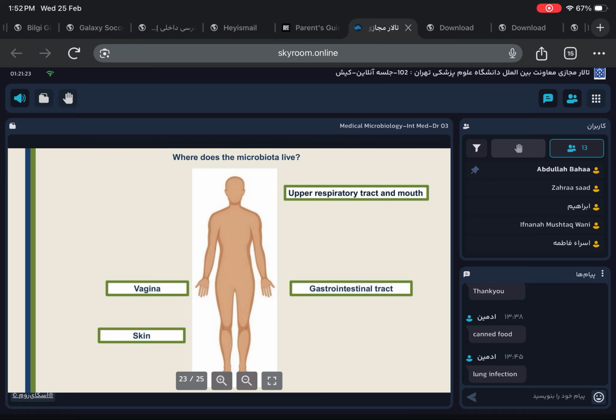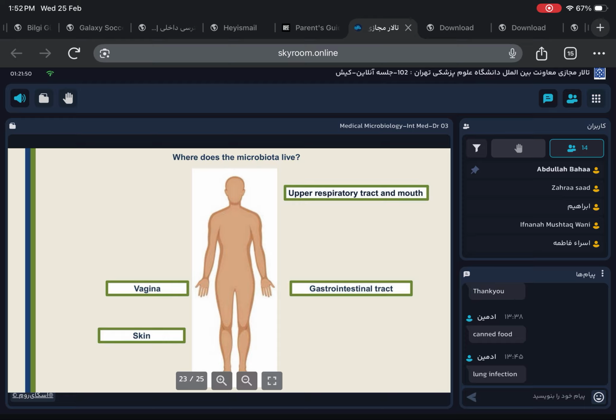We don't have the enzyme which is responsible for breaking down the cellulose, so we cannot use the energy from the cellulose. But the microorganisms that we have in the intestine have the enzyme to break down the cellulose and convert it into small molecules. And now these small molecules can be used by the human body as an energy source.